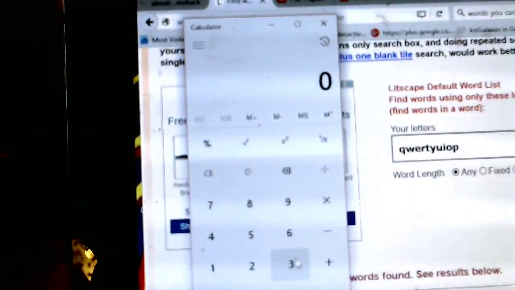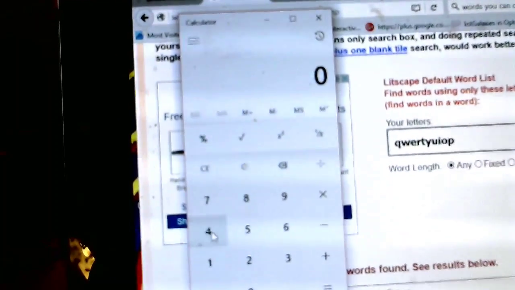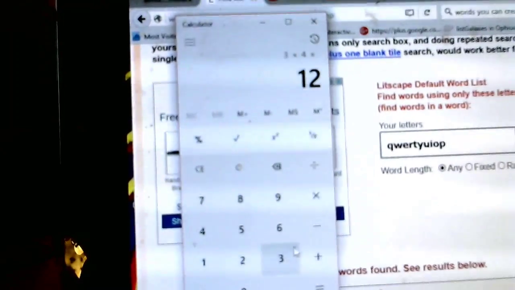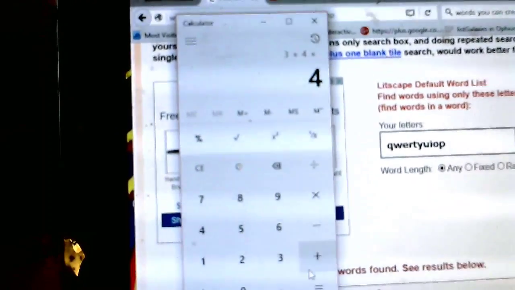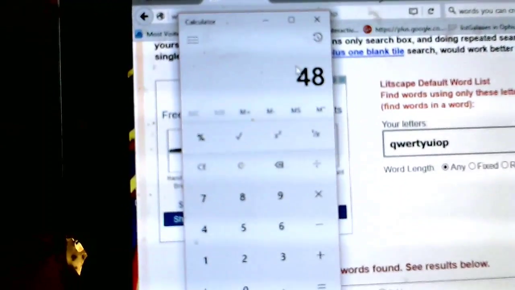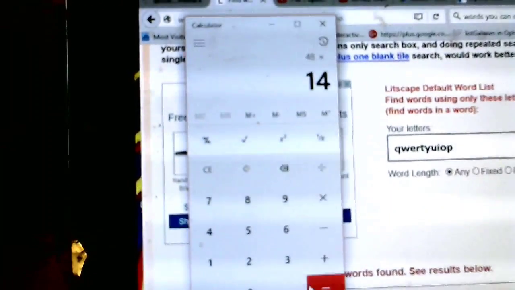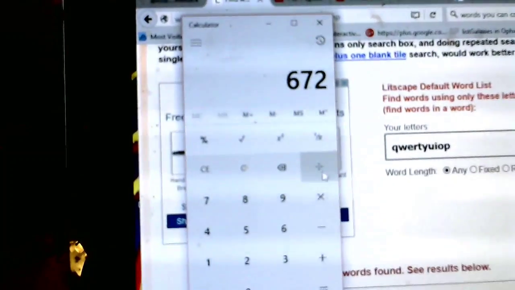Now we're going to do it again. I'm trying to figure it out. 3 times 4 times 3 times 4 equals 48, times 14 equals 672.